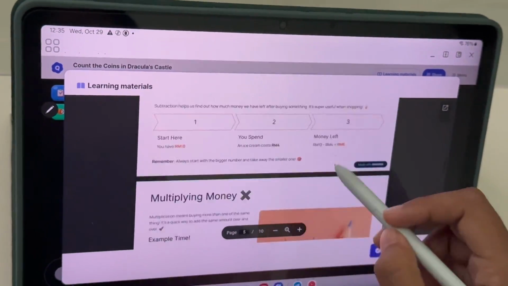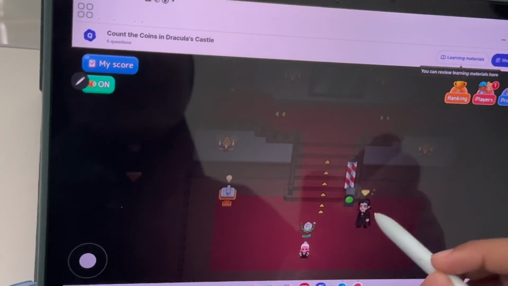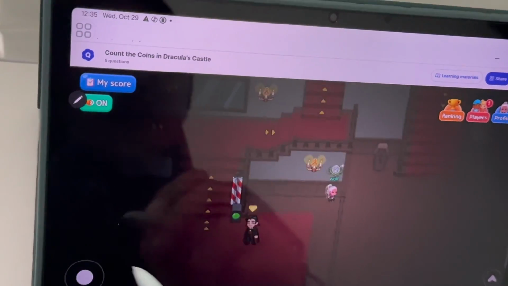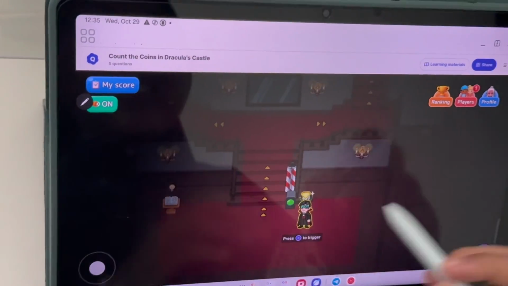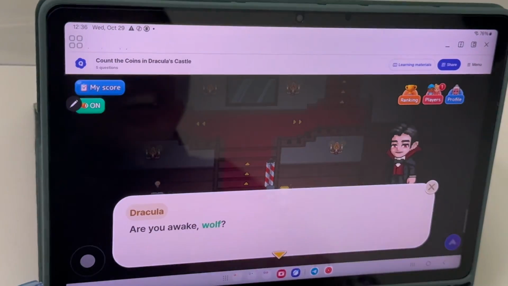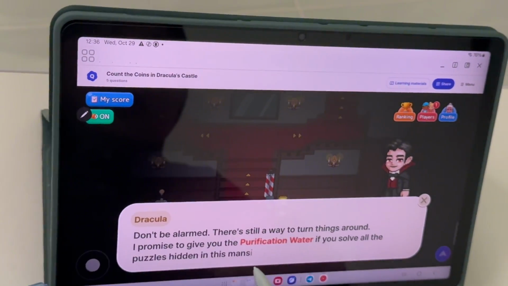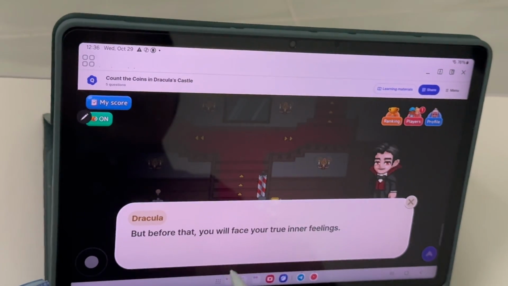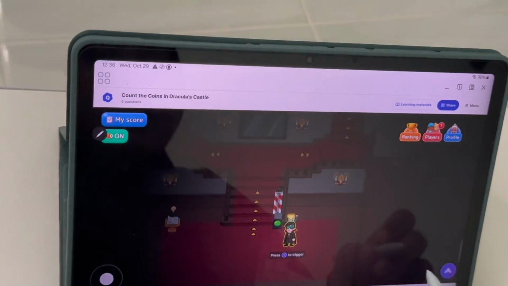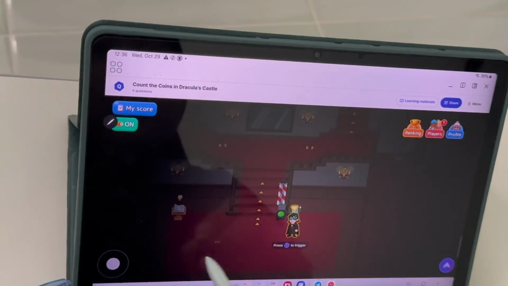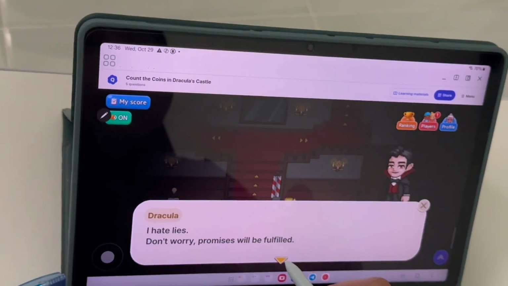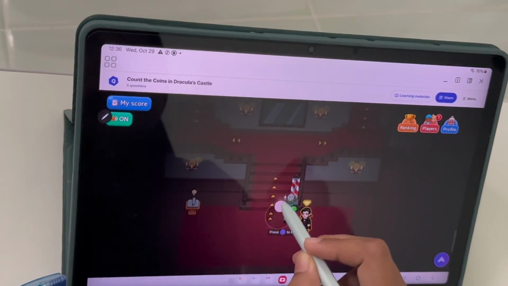After reading, pupils press learning completed and the screen shows Dracula Castle. Dracula appears and tells the story. "You are now Dracula. Solve the money challenge to find the purification water and turn back into a human."